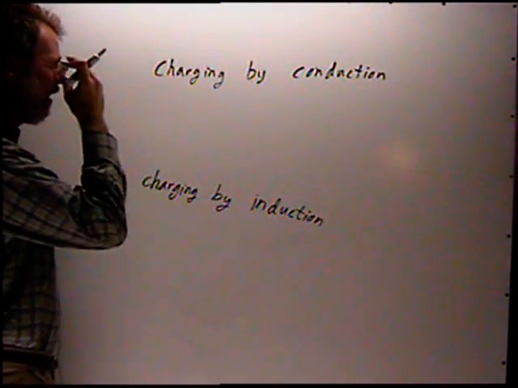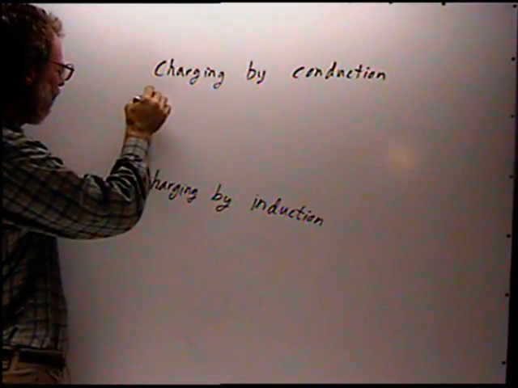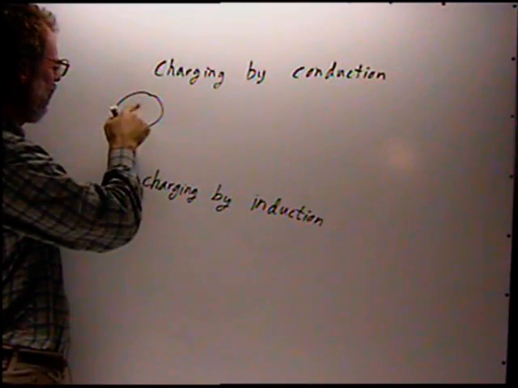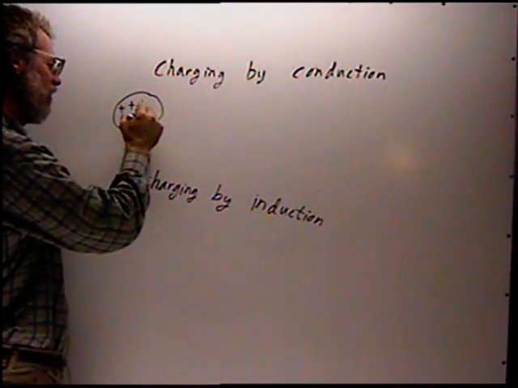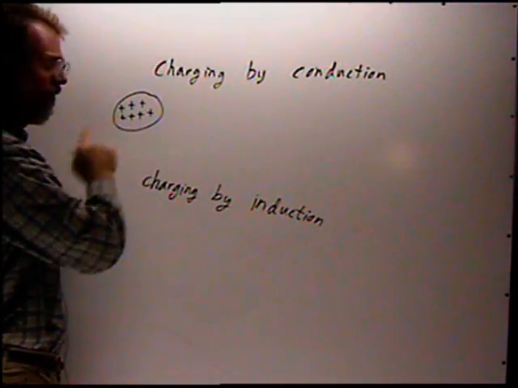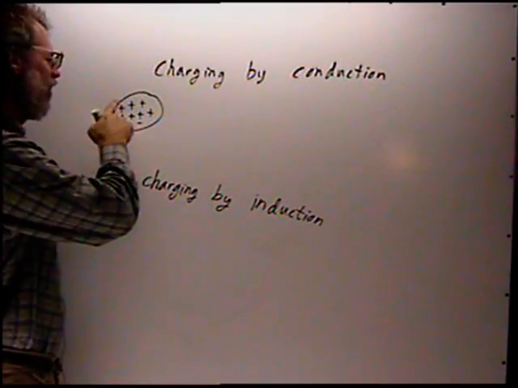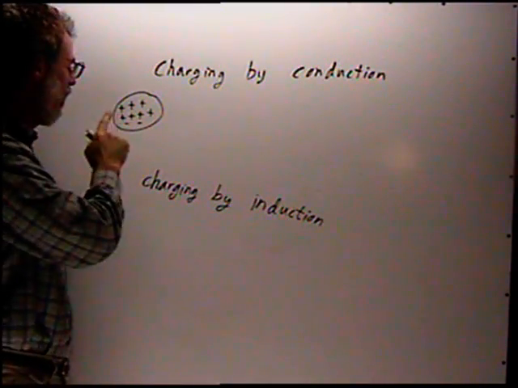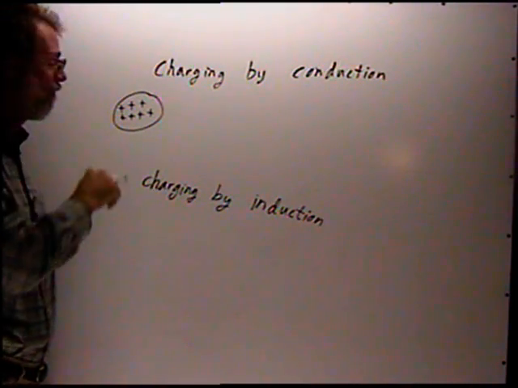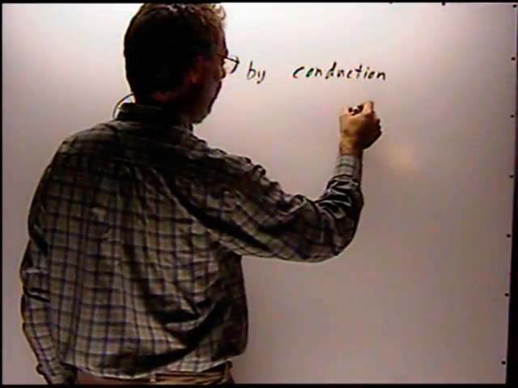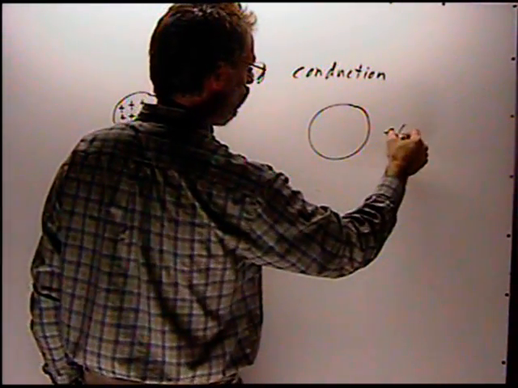Suppose, through some mechanism, I have a material over here that has a net positive charge. I have a lot of net positive charges over here. I may also have negative charges here, but the positive charges far outweigh the negative charges. So overall, I have a net positive charge. And then I have a material over here that is electrically neutral.